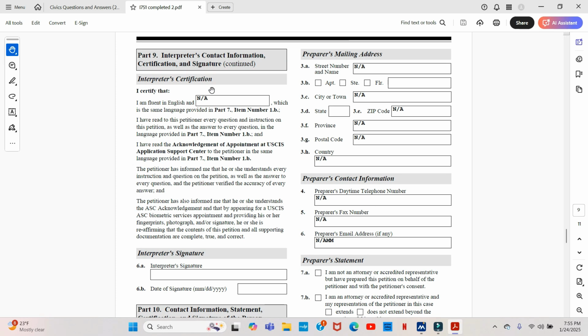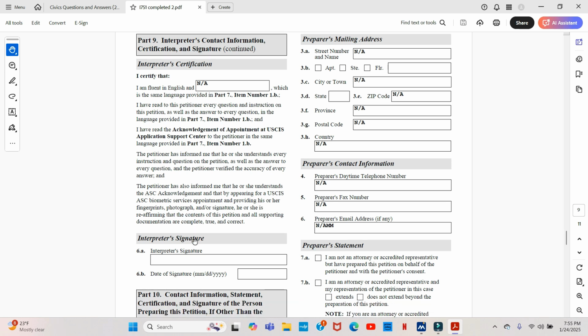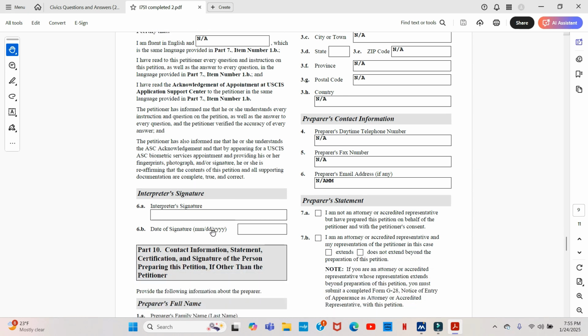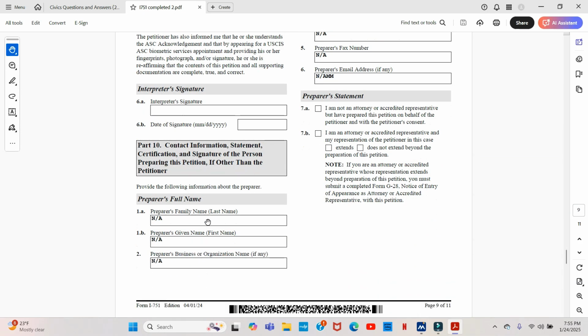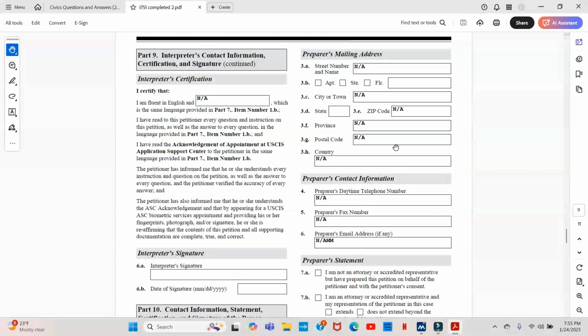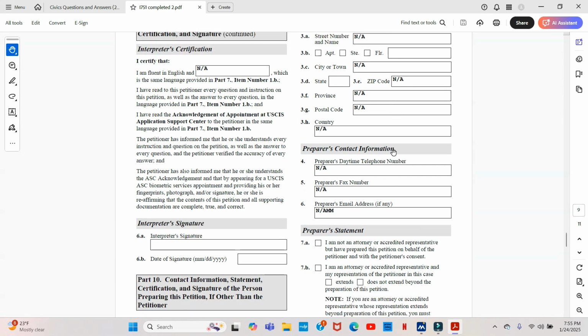Moving on, interpreter's information here, again, you're going to put not applicable, since an interpreter was not used. If an interpreter is used in your case, then you would need to fill in the information that's applicable.